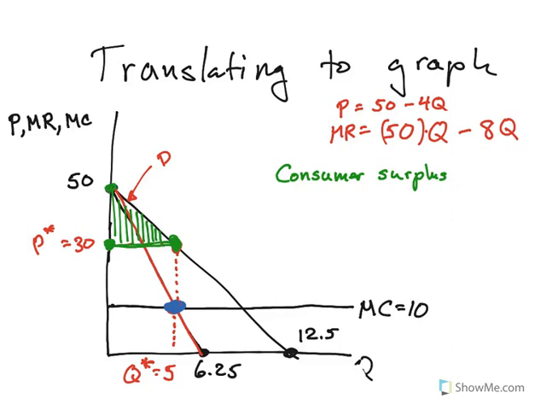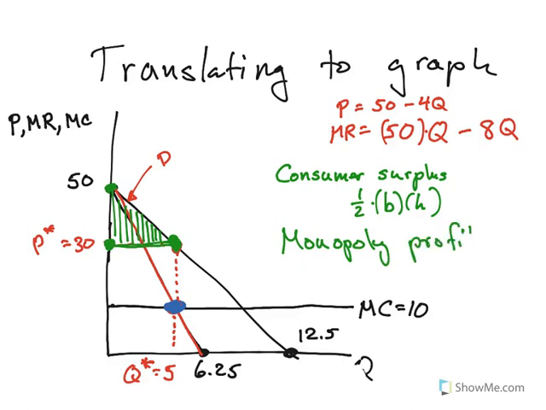So you've got the standard one half the base times the height to get the consumer surplus. And in previous videos, we had looked at the producer surplus. Here we're going to look at monopoly profit, which is going to turn out to be this blue box.